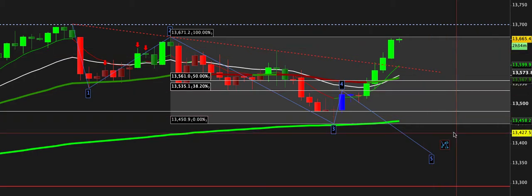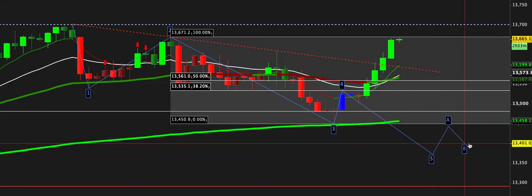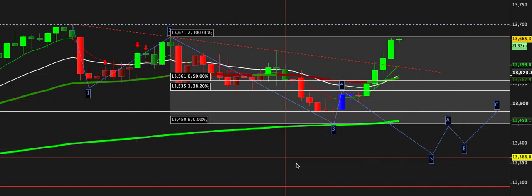So we have these wave 1, 2, 3, 4, 5 price action movements, and then what we'd be looking for is something like this, an A, B, C. It would be an A and then a little bit of a pullback and then a C correction, which would maybe go back up and test pretty much where we had broken out from. And that would be the end of that move, and then everything would reset and start again.